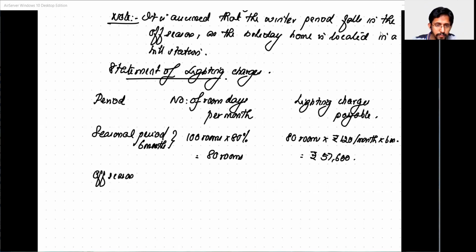Similarly, off season total is 6 months. But in off season, you have winter as well as non-winter. So let's take winter first. Winter, you have 4 months. So here it is 100 rooms, and the occupancy is 40%.